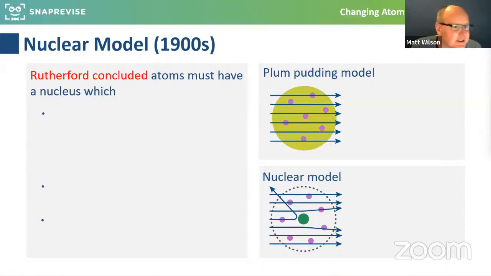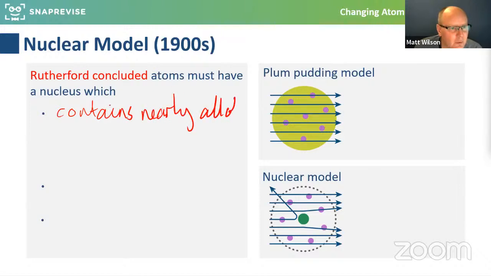So these are the conclusions that Rutherford's experiment, along with Geiger and Marsden, came up with. So the nucleus contains nearly all of the mass of an atom.